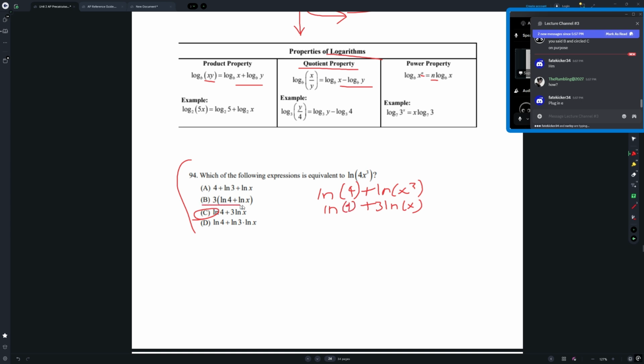And the reason why it wouldn't be B is because the exponent of 3 is only on the x, not on the 4. If it was 4 to the third, then yeah. Does that make sense to everyone?